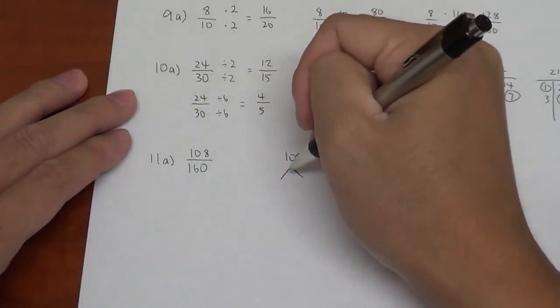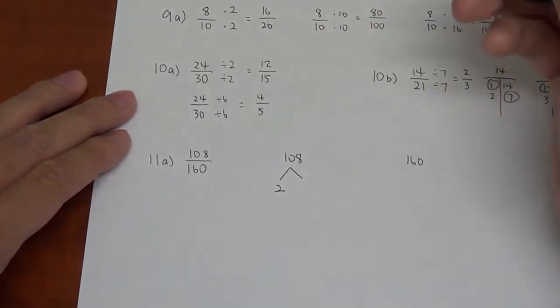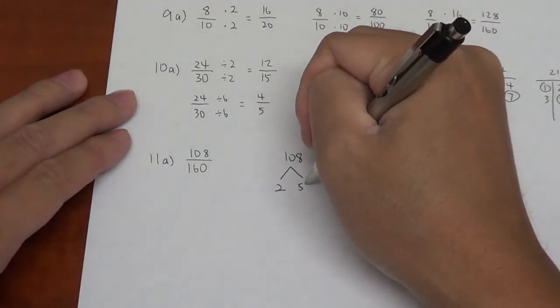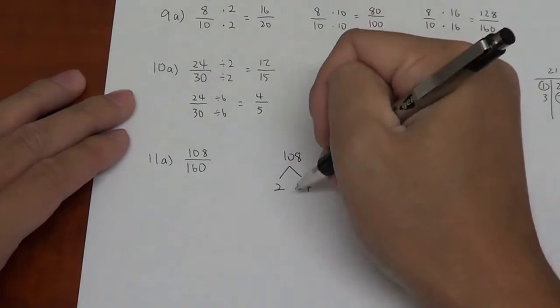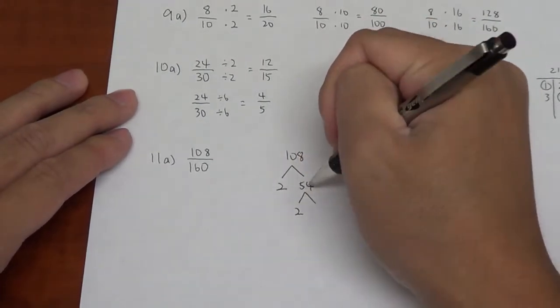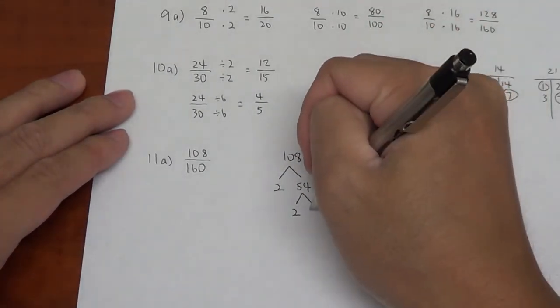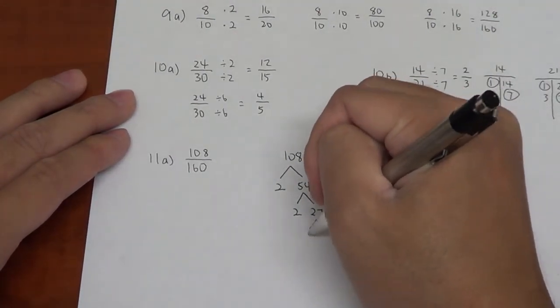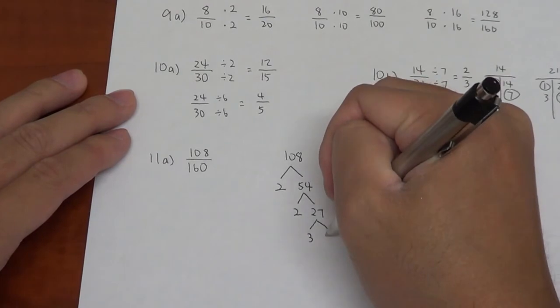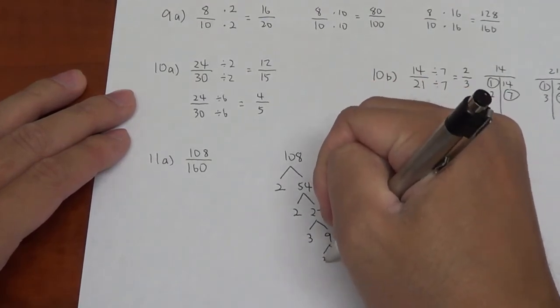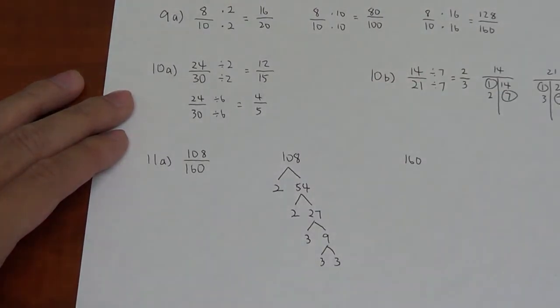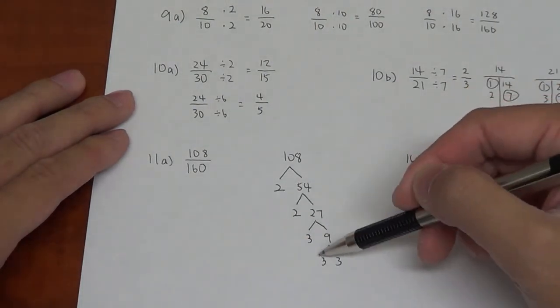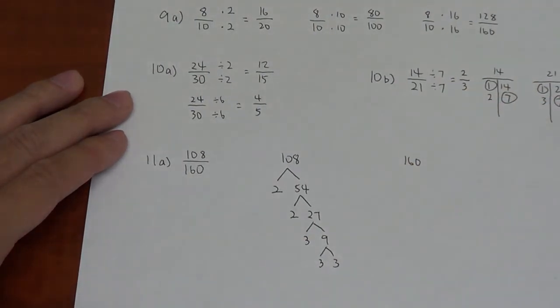All right, so 108, the obvious one would be 2, right? And then I'll have 54 over here. Okay, and then I can divide by 2 again because it's an even number. I'm left with 27, and then 27 can be split into 3 and 9, and then 9 can be split into 3 times 3. Okay, and then I'm done because all of these are prime. That means I cannot go any further.